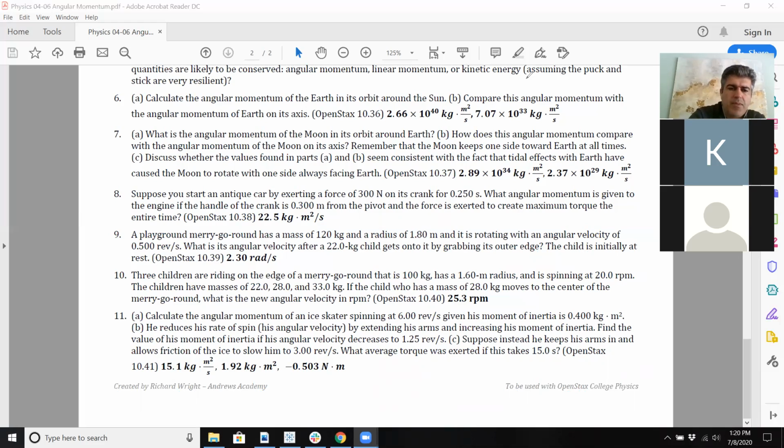So you're doing this then for number 10. You're doing 100 times 1.6 squared over 2 times its velocity. But then what are you doing with the other masses? With the other, I just take out the 28 because of the kid that went to the middle.